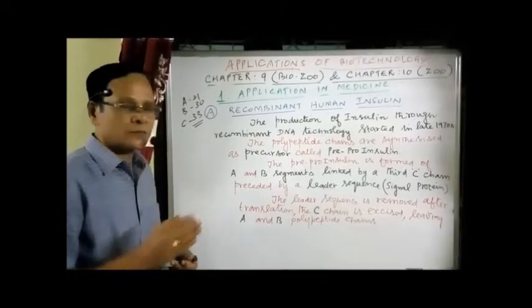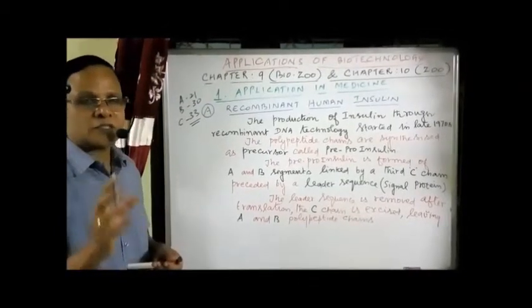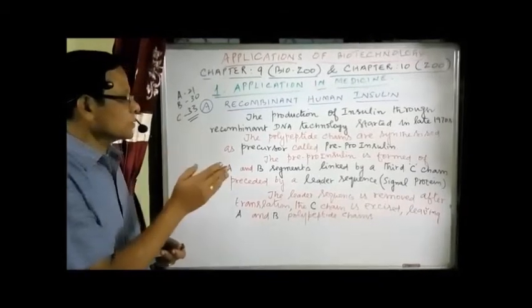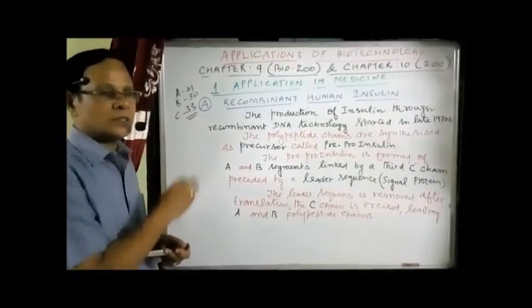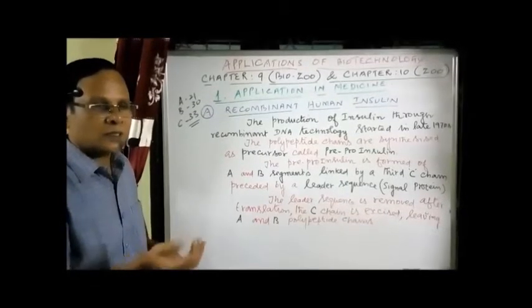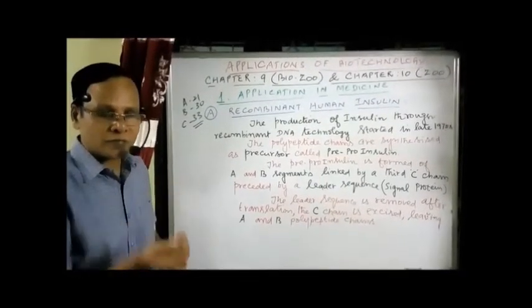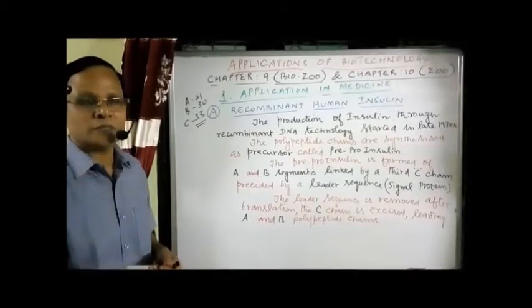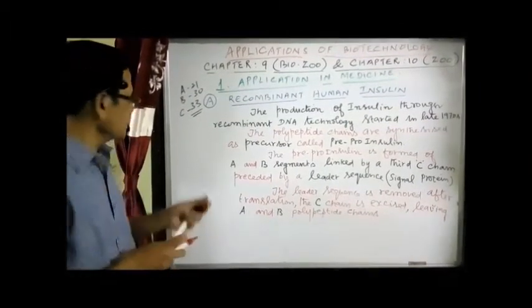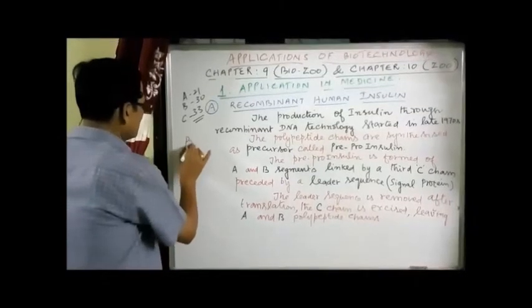Then proinsulin is formed of A, B and C only. The leader signal or signal protein is removed. Then, by removal of the C chain, the A and B chains are linked together by means of a disulfide bridge, leading to the formation of insulin. Okay, so this is the process of formation.